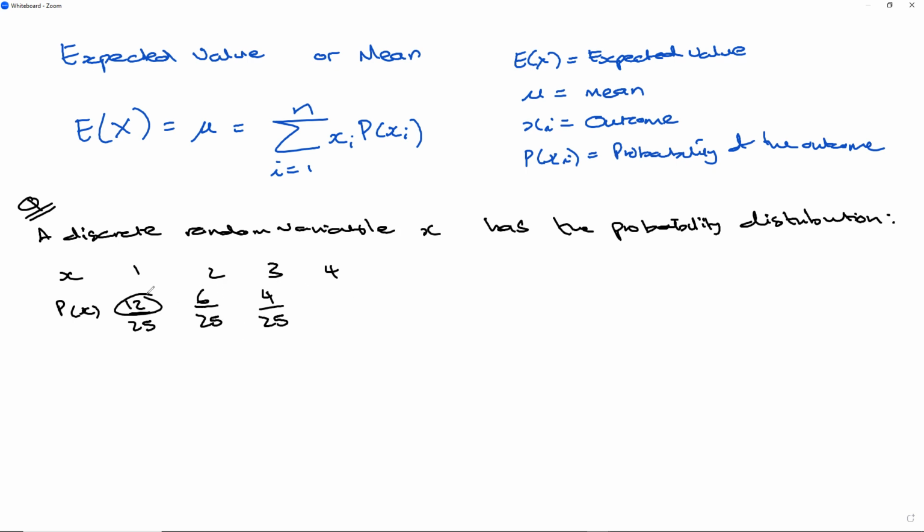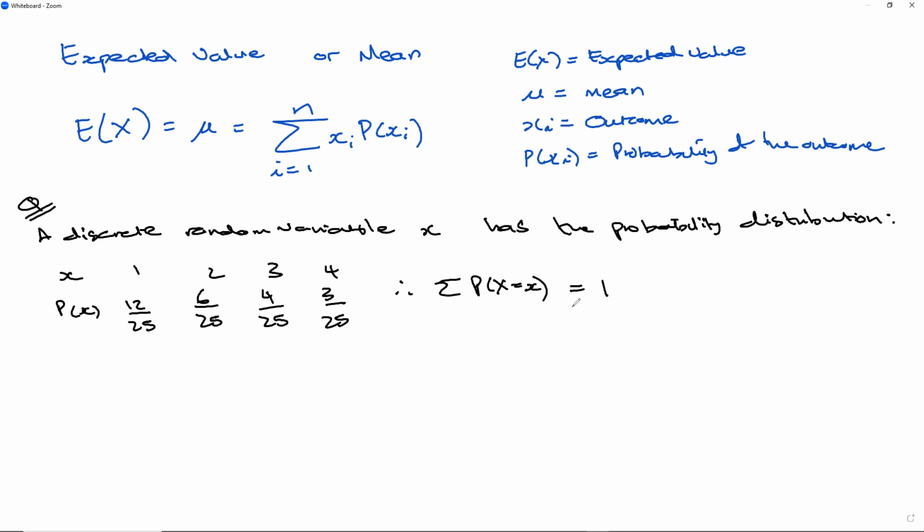So 12 plus 6 is 18, plus 4 is 22, which means this is going to be 3 out of 25, so that all of these add up to 1. So therefore we know that the sum of the probability of x equal to each of those x's will equal 1.